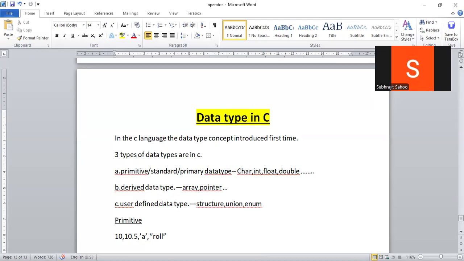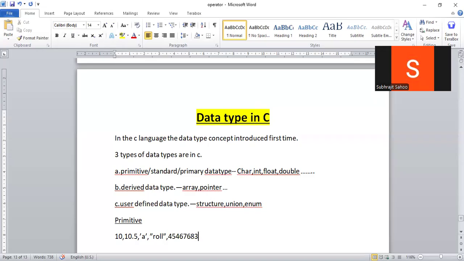So, one more example. Suppose I'm writing a big number, suppose 456789, a big number. Suppose I'm writing mobile numbers, right? These are collections of numbers. This kind of thing I frequently use in the program. So 10 is integer data, 10.5 has a decimal point, so it will be treated as floating point data.